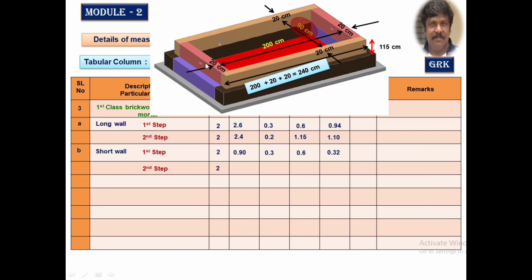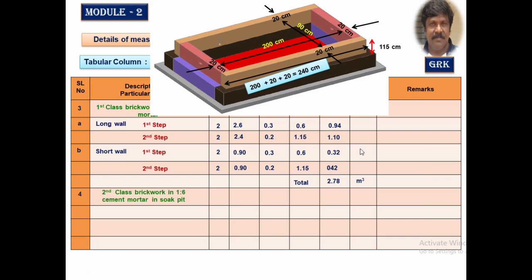Thickness of the short walls is 20 centimeters and the depth is the same as the previous one, it is 1.15 meter. So now we will get the total quantity of the first class brickwork by adding all these four quantities. The unit for that is meter cube.